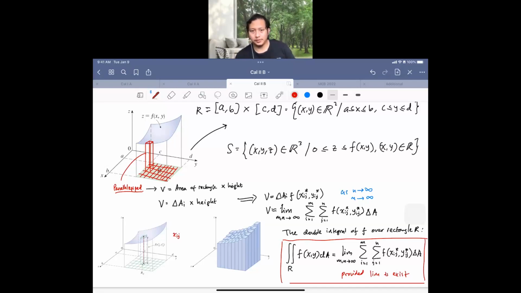Okay, I hope at least the introduction can give you more insight and an idea of the double integral.